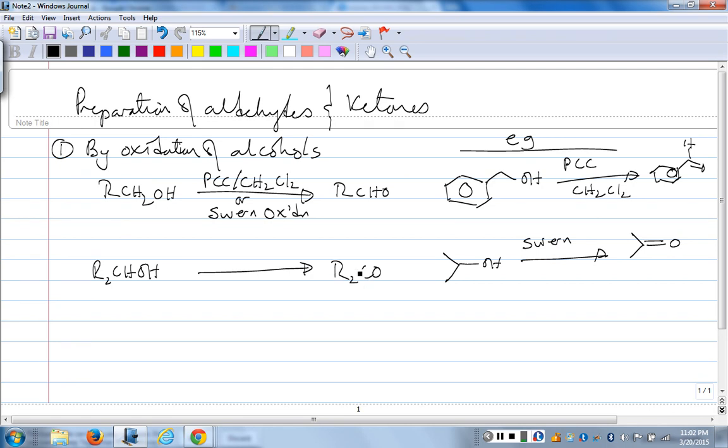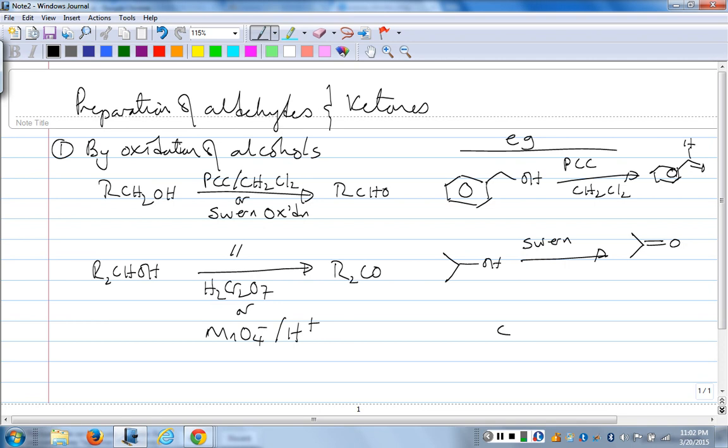Ketones do not have either an aldehydic H or a carbinol H. So I can certainly use these reagents to oxidize the secondary alcohol to the ketone, but I can also use Jones reagent, which of course is chromic acid, or I could use acidified permanganate. Because although they will oxidize an aldehyde to the carboxylic acid, they can't oxidize the ketone.